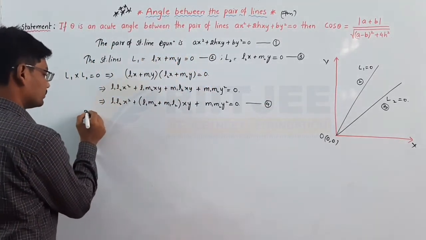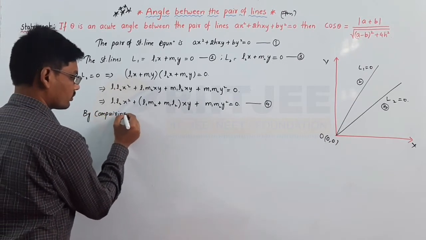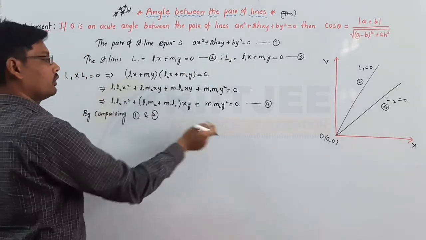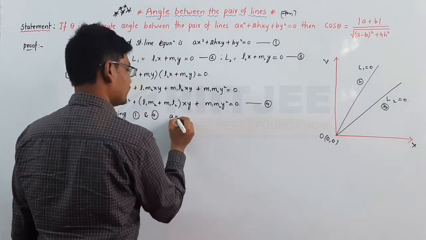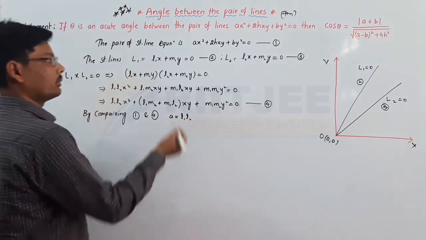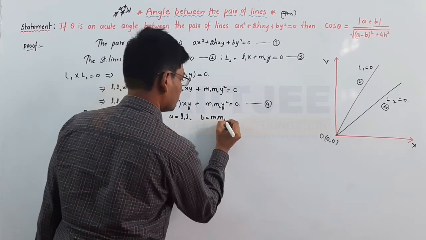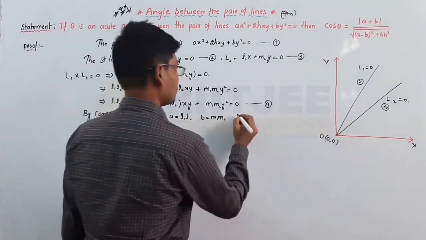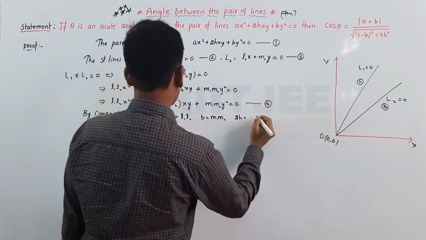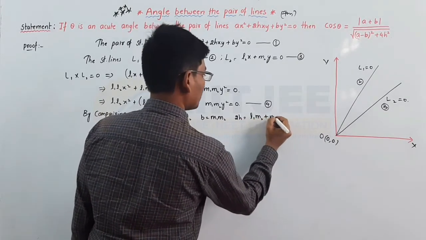By comparing equation number 1 and 4, a is equal to l1 into l2, b will become m1 m2, and 2h is equal to l1 m2 plus m1 l2.